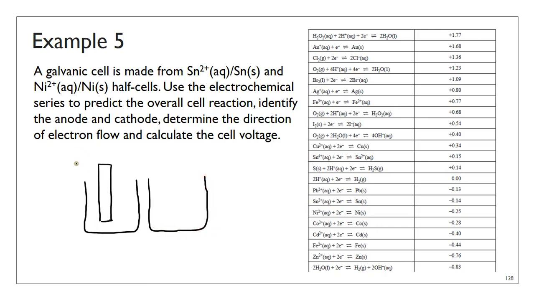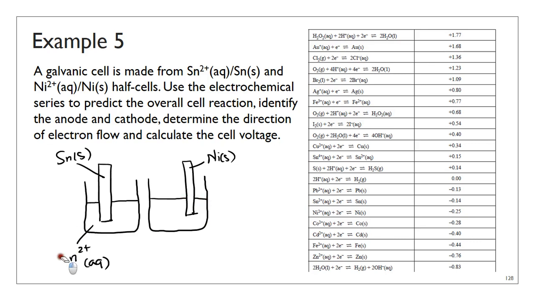The first half cell is made between tin, or Sn, and tin solution, probably combined with a nitrate ion or something like that. The second half cell is made using nickel in a solution of nickel ion.